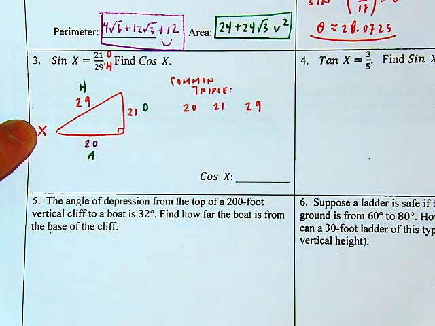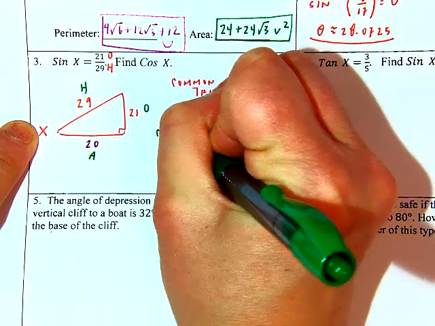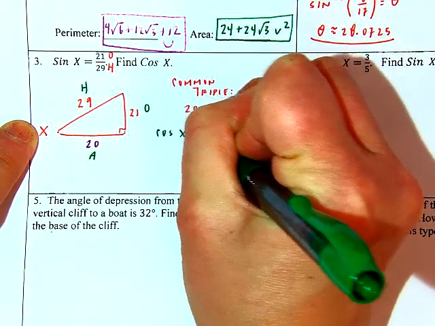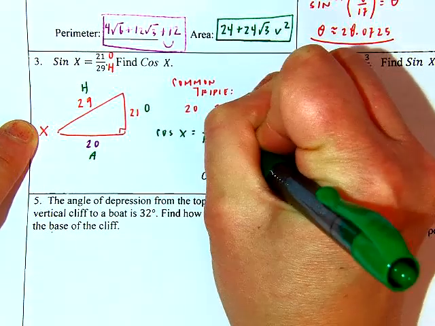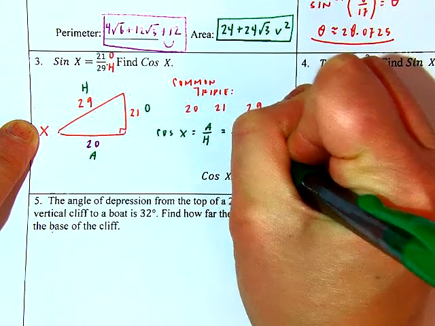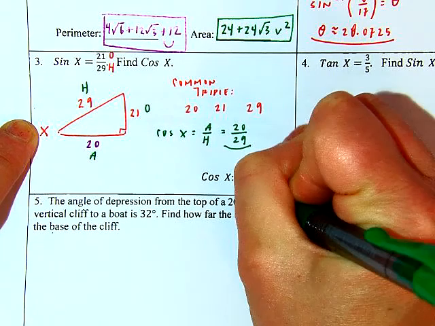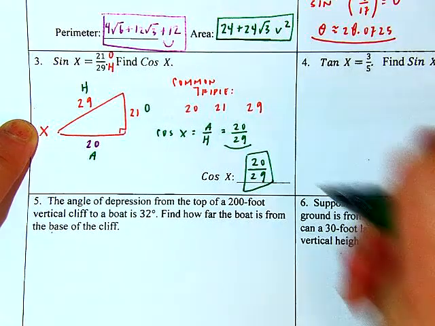So if I want cosine, I know that cosine x would be the adjacent to the hypotenuse, and that would give me 20 to 29. So cosine x would be a ratio of 20 to 29.